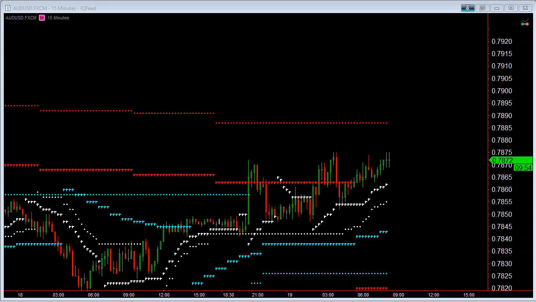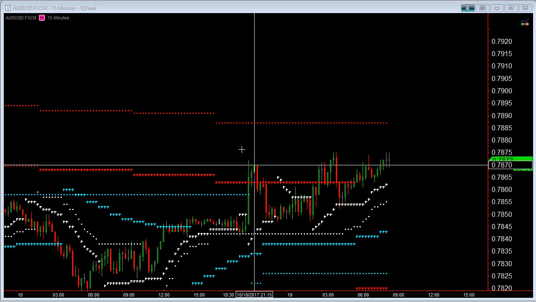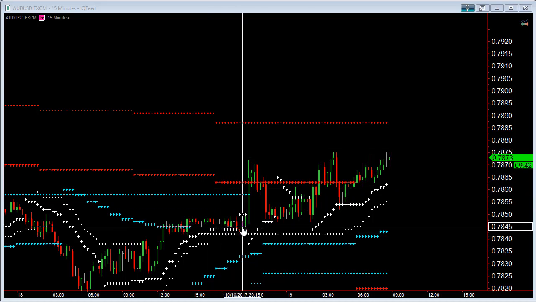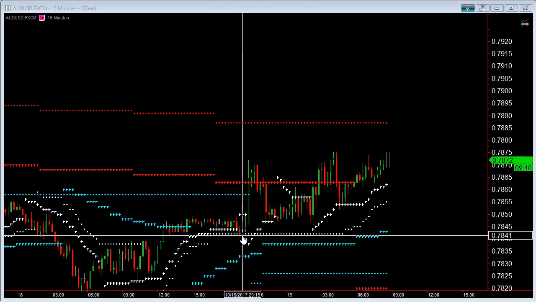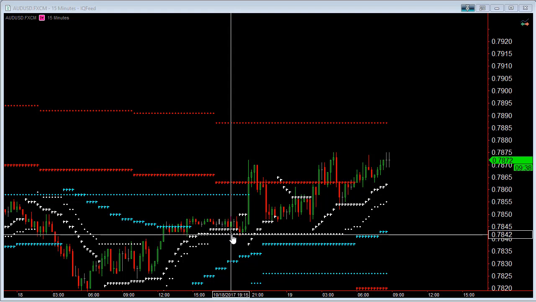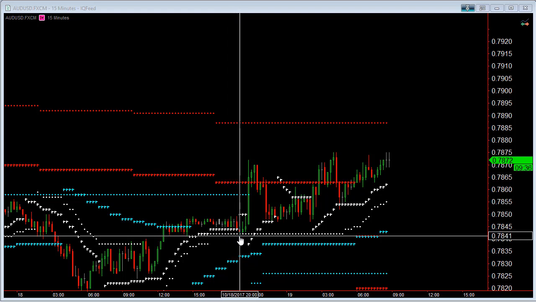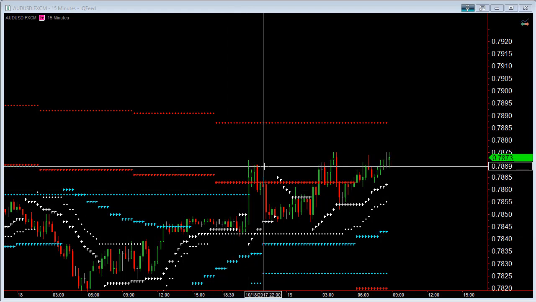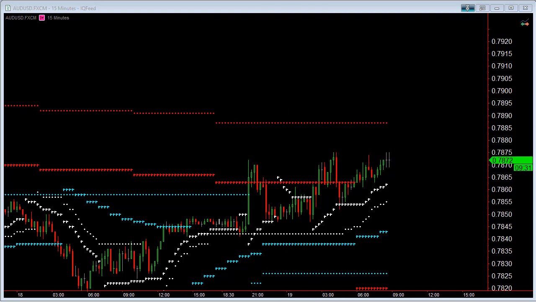For those that joined the webinar last night, I was trading the Australian employment change number, and my bias was to the upside. And when you look at this, you can see why my bias was to the upside. It had come down, tested this congestion dot, and I anticipated it going up, and of course it did.